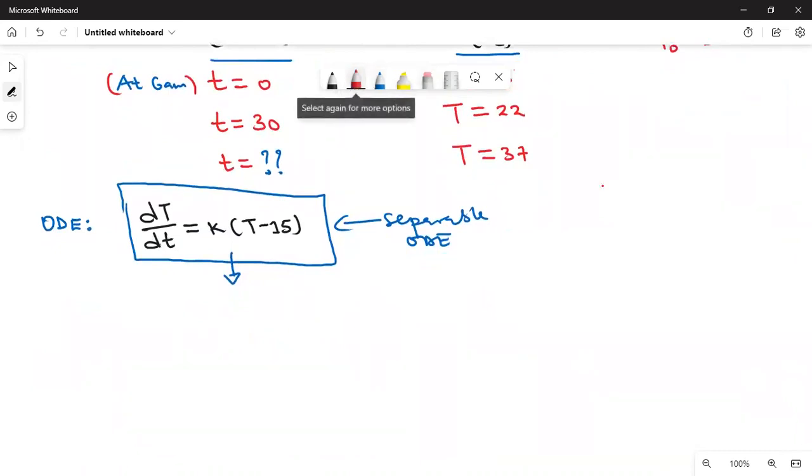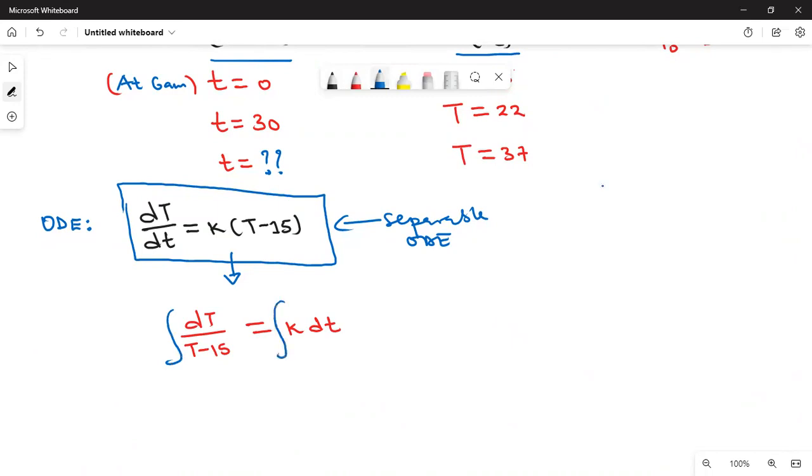When you separate the variables, we are going to get dT over T minus 15 is equal to k dt, the small t. So we are integrating both sides.